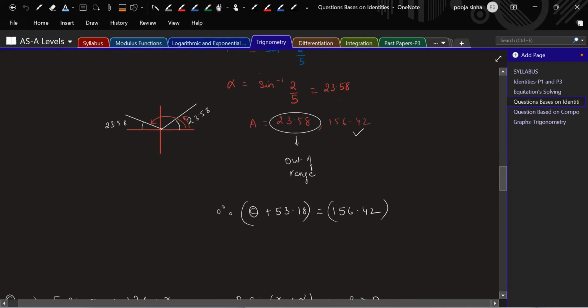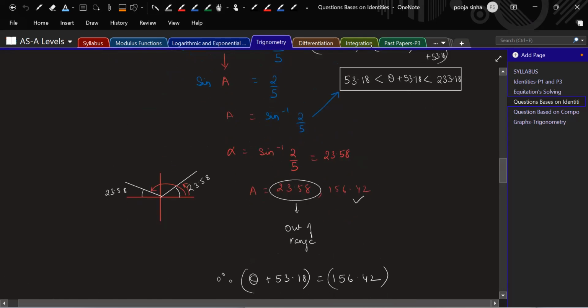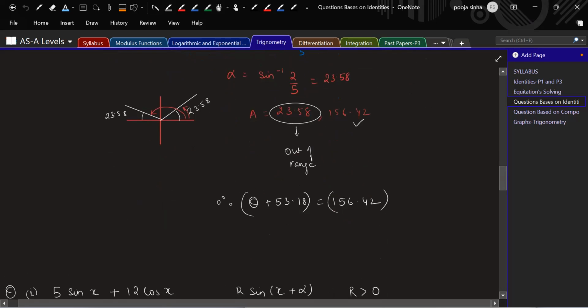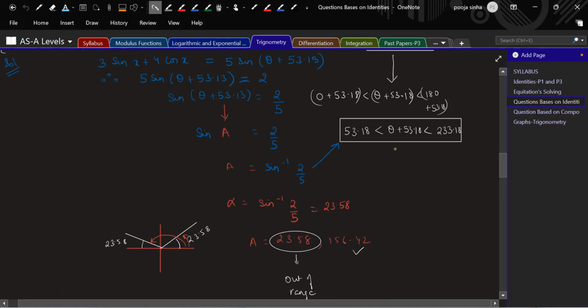But what happens is, see, your range only starts from 53.18 to 233.18. Okay? So that will come to that later. So theta plus 53.18 can't be this value because theta plus 53.18 starts from 53.18. So this is out of range.